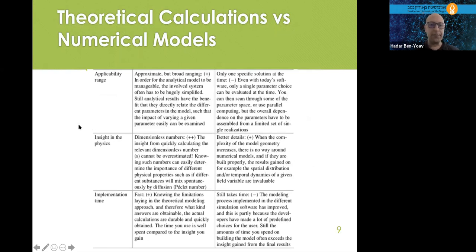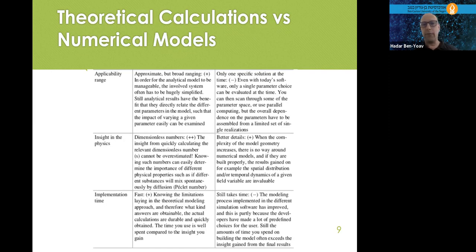Applicability range. The theoretical model has a plus because it gives you a range of solutions. You don't need to solve it for a specific case. It gives you an equation that shows how the result will behave for a range of parameters.